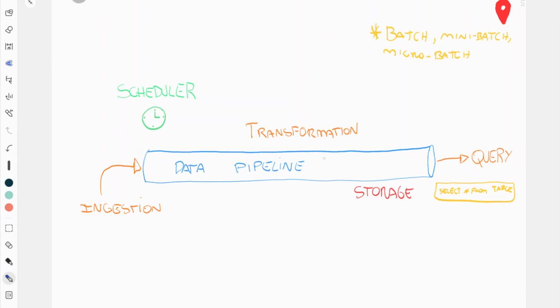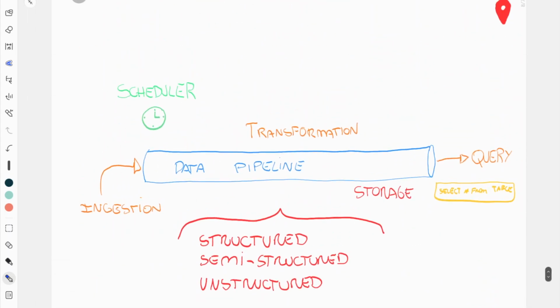Then you would transform this data, then you would store it, perhaps store it before also, it depends on what you're doing, and make it available for querying or data products, as we have mentioned before. And also it's important to know that this structure for data pipelines can be used for structured, semi-structured, and unstructured data.